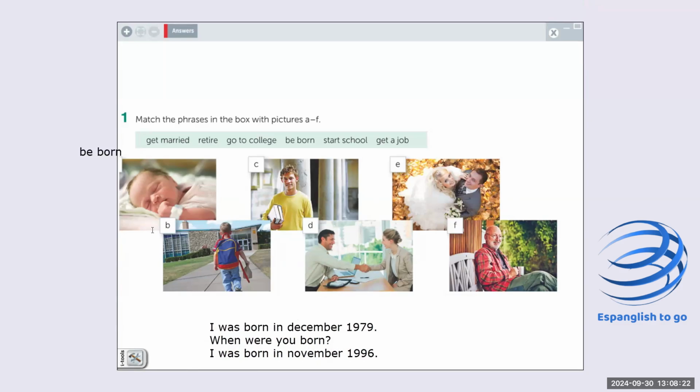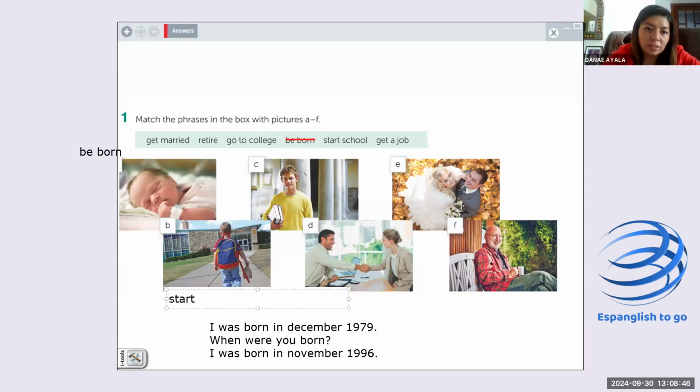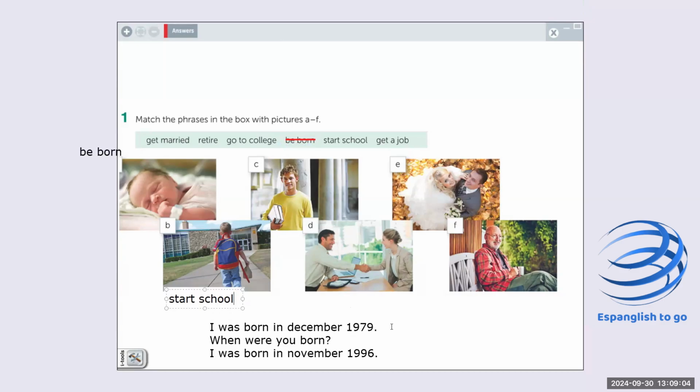What do you think should be the phrase or verb for letter B? Go to college or start school? No, go to college, no? No, it's start. Start is begin, comenzar. Ah, okay. Start school. Basically the elementary school.